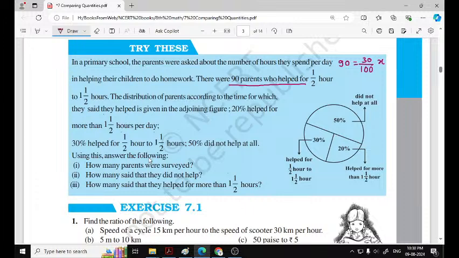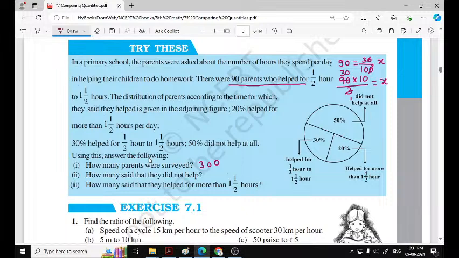So if we consider the total number of parents as X, then 30% of X is 90. We can cancel this, and to get the value we transpose 10 and 3. 10 will multiply, 3 will divide, and this will give us the number of parents. So a total of 300 parents were surveyed.